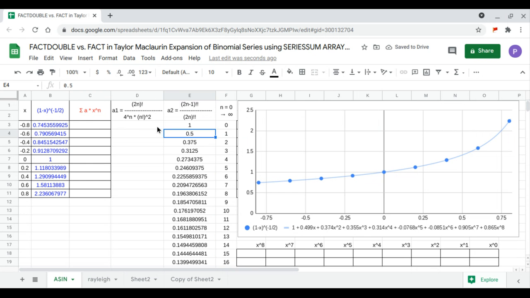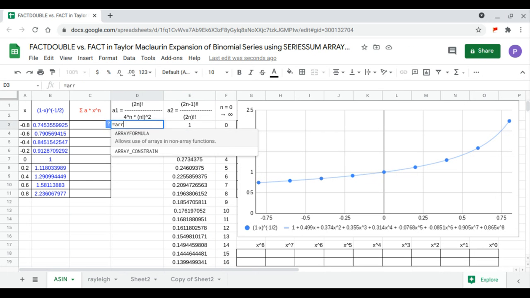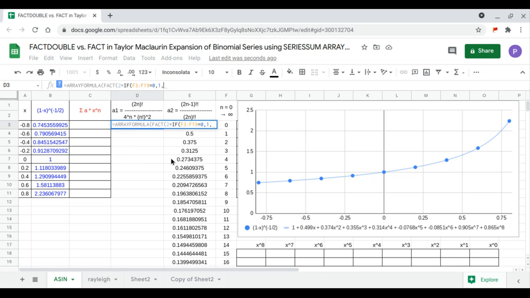And we can use the factorial. So array formula, factorial 2n. So 2 times n. That's n. That's factorial 2 times n is the value of n.